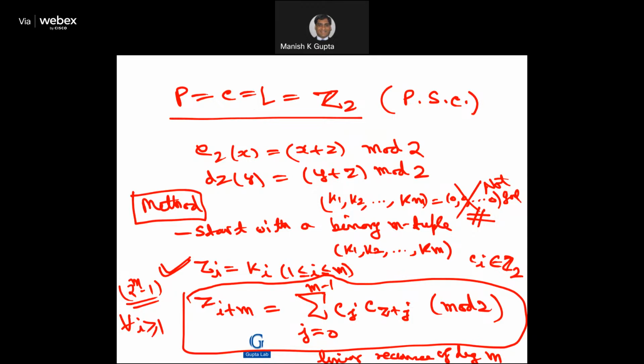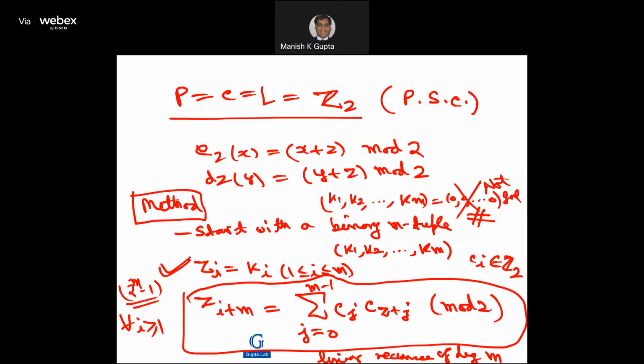The method for generating the key stream is: we assume this is our starting point, k1, k2, up to km. Initially zi is ki for i equal to 1 to m. So z1 is k1, z2 is k2, z3 is k3, and so on, zm is km. This is the first initial block, and for the next ones onwards we use this kind of combination.